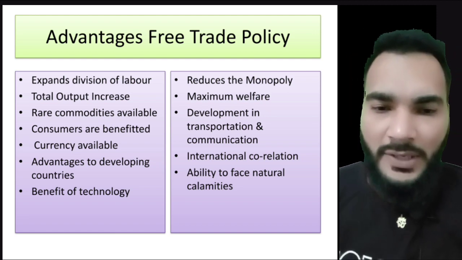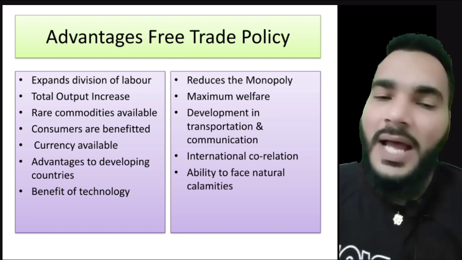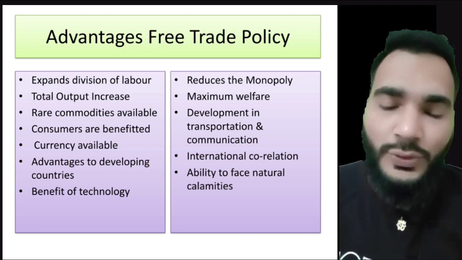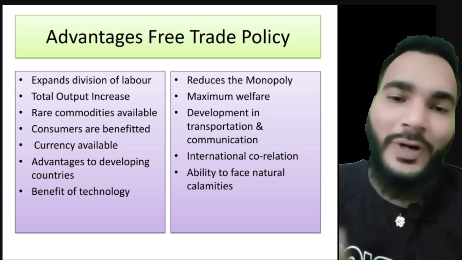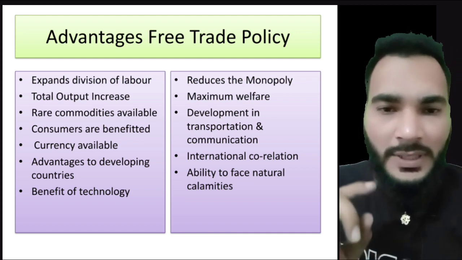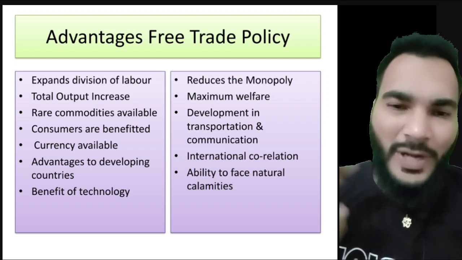In the same way, if free trade policy is there, each and every country would focus on getting maximum profit from one industry. They would only focus on one industry, as they know that other things they would import at the same price. So there would be no price discrimination.